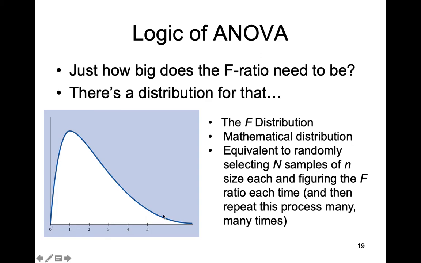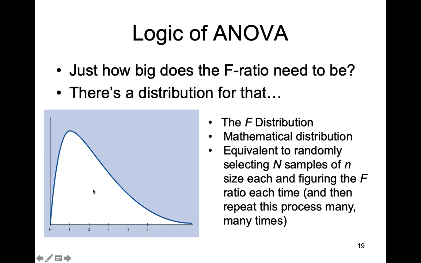What you'll notice with this particular F distribution is that most of the time under the null hypothesis, we're going to expect an F ratio that is right around 1. However, sometimes we'll get an F ratio of 2 or 3 or 4. And that could happen not due to any real effect, but due to some random or chance factor.